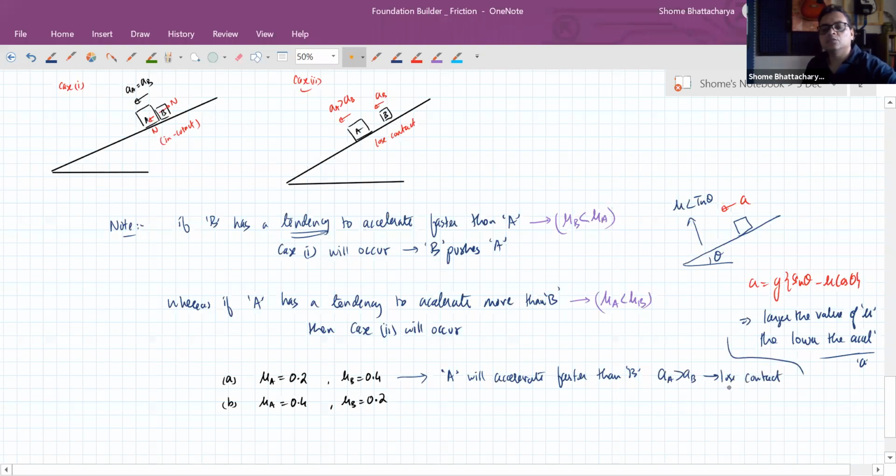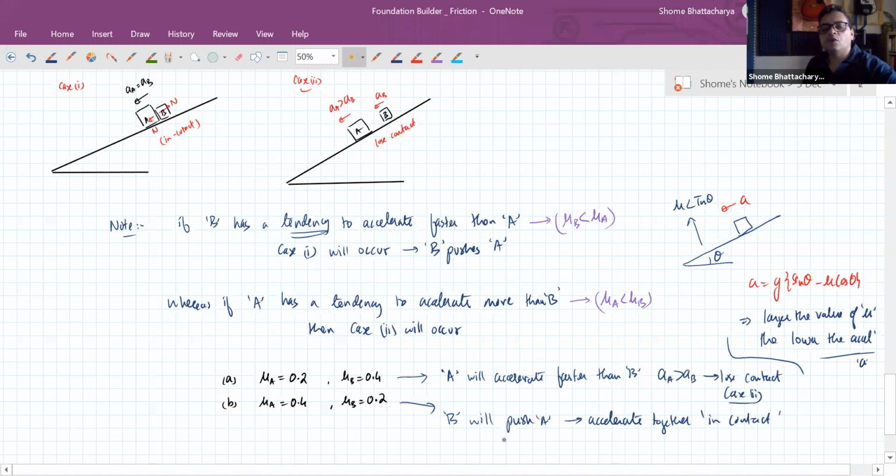That is case 2. Whereas in this case, B will push A. They will accelerate together in contact.